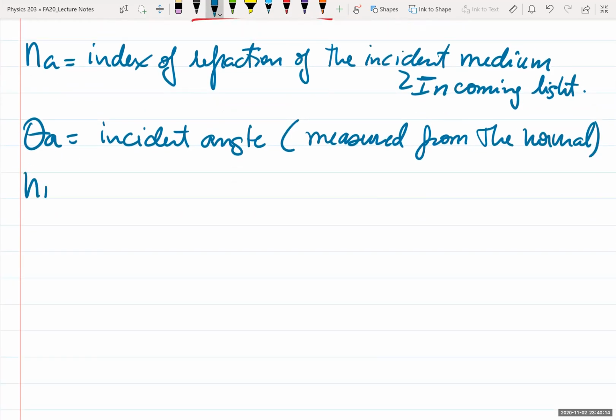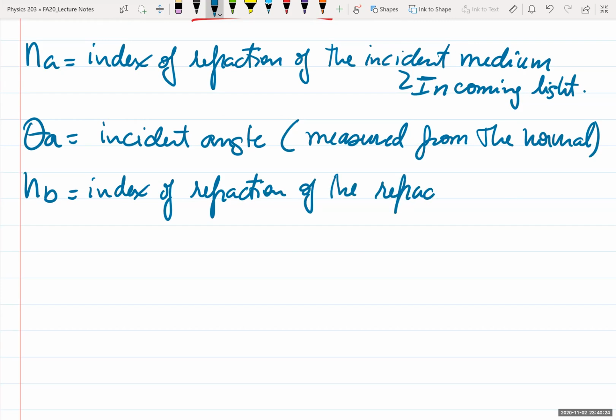N sub B is the index of refraction of the refracted medium. So I guess this is the light that went through.